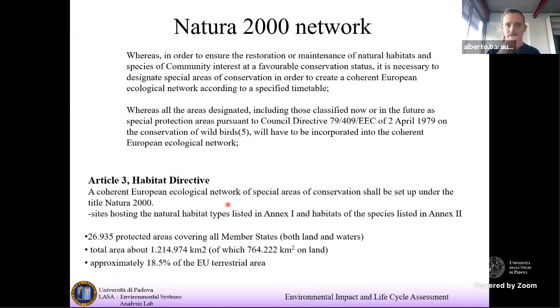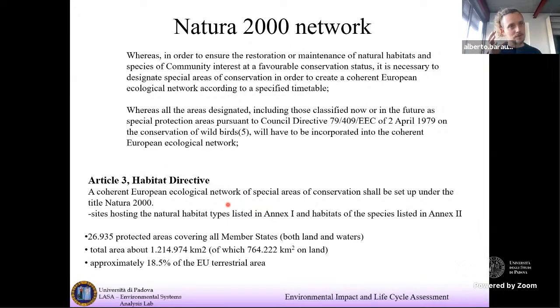So what is this Natura 2000 network? It was established in the Habitats Directive, and the goal of this network was to create a coherent European ecological network.